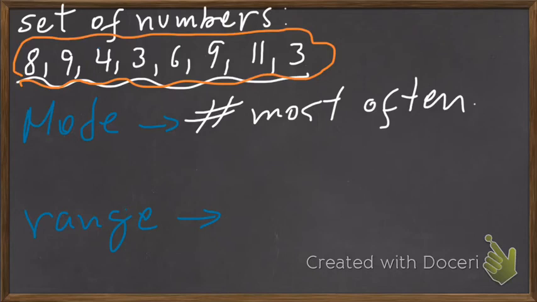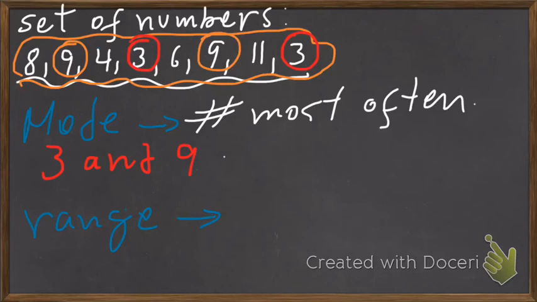There are 2 3s and 2 9s. So in this set of numbers we have 2 modes: 3 and 9.